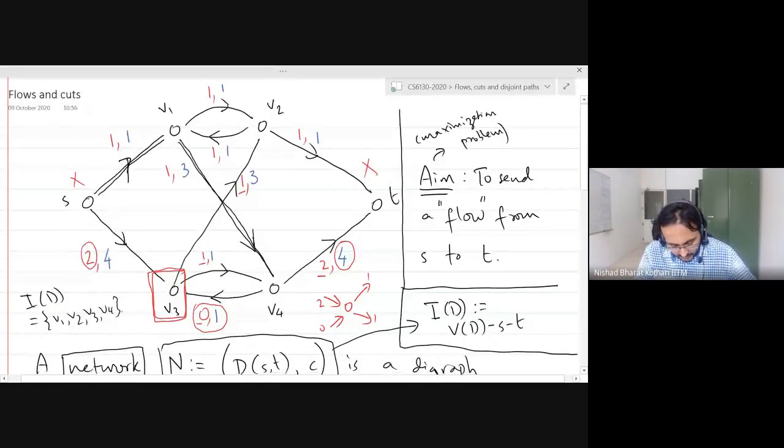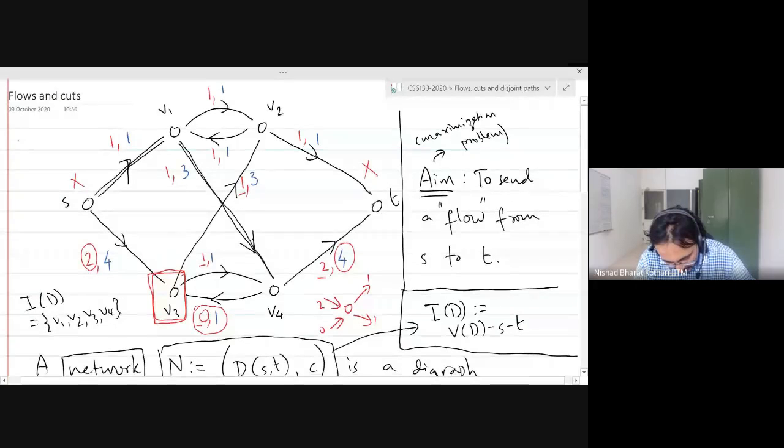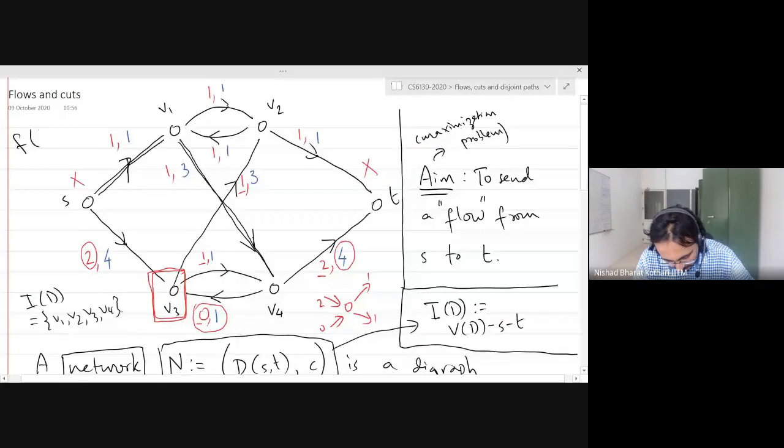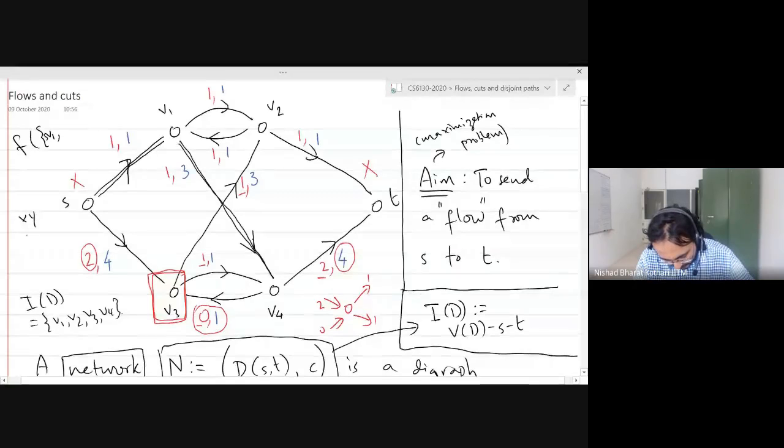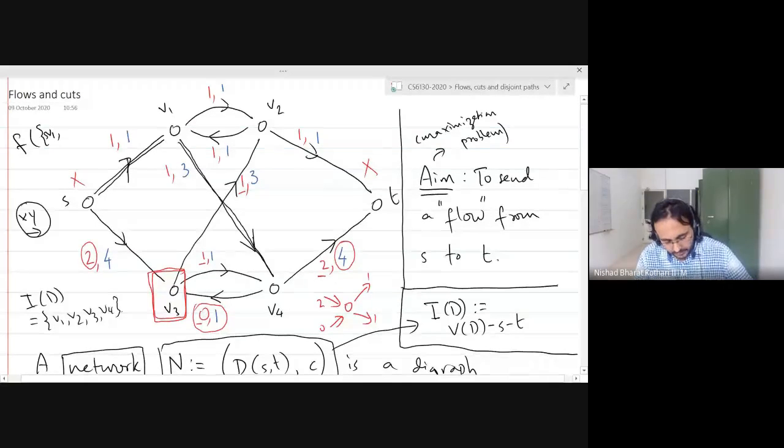Can someone tell me what is the function defined on SV1? When I write an arc like xy, I mean this, okay? I will not probably always write an ordered pair, okay? So x is the tail and y is the head.